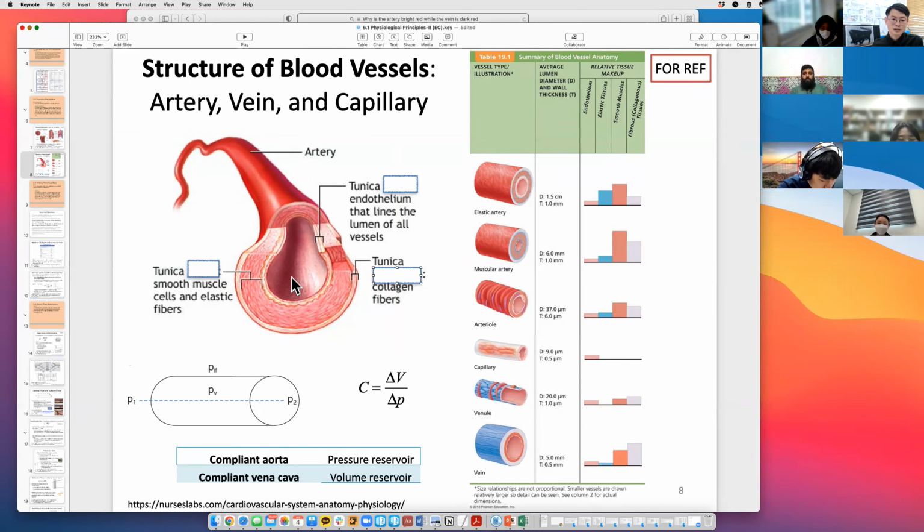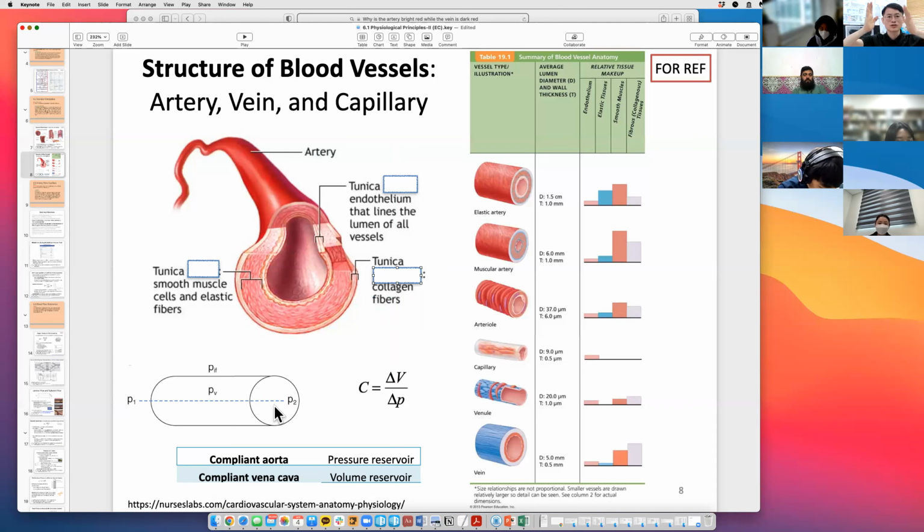So what matters here is really the mechanical or physical point of view of the vessel. You don't want your vessel to collapse all the time because blood has to flow. So what makes blood physically flow? First of all, in this pipe there has to be a pressure difference, or pressure gradient.